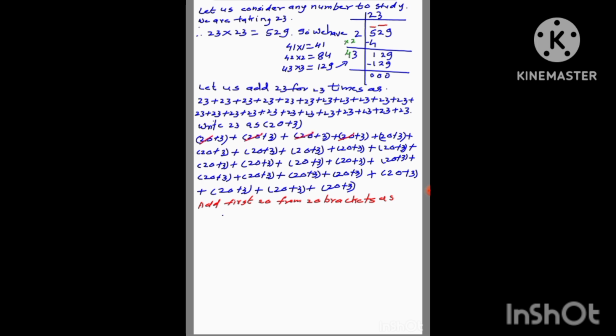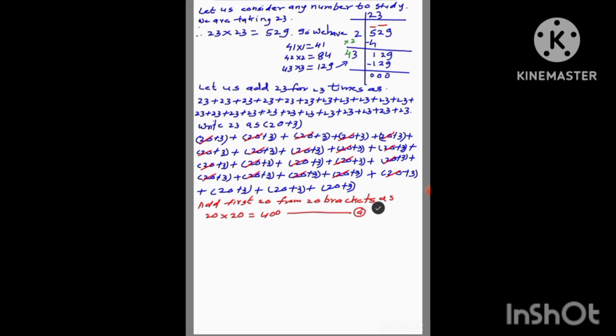After cancelling 20 times 20, that means we are taking this into addition, so 20 into 20 is 400. So we have contributed 400. That is your A.